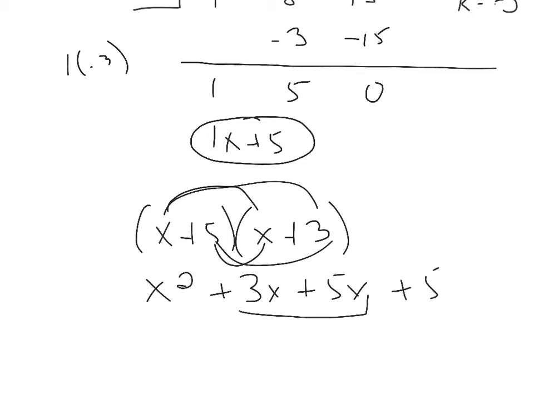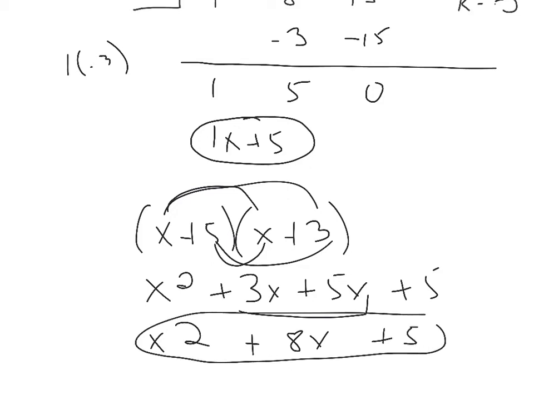If you combine like terms, you get 8x. So your final answer is x squared plus 8x plus 15, and this is correct because originally I gave you this problem. Okay, excellent. So now let's take a look at another example.